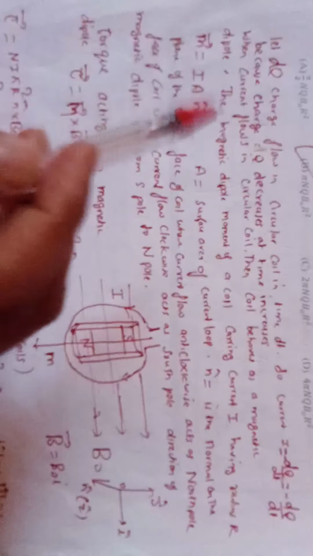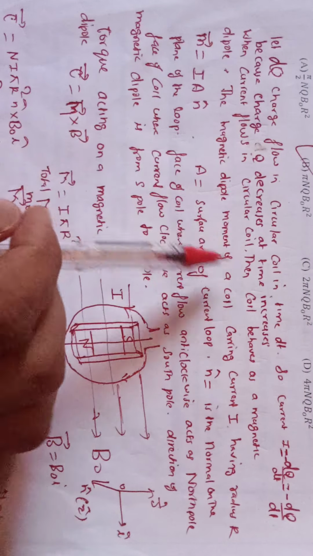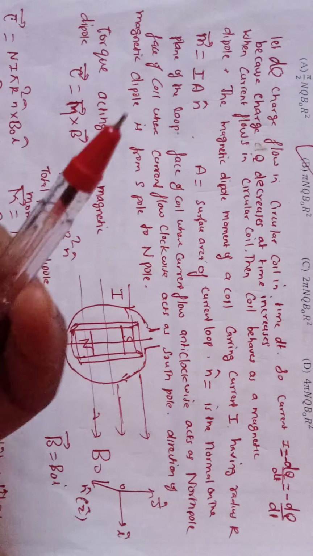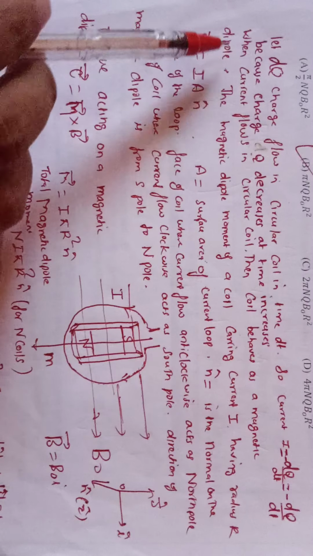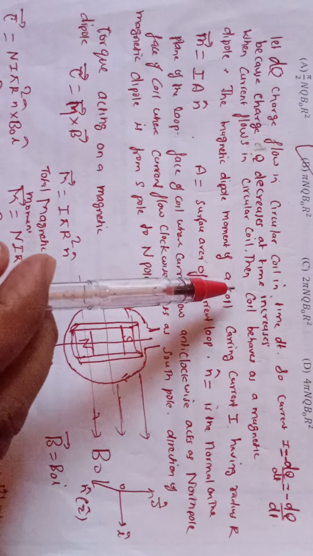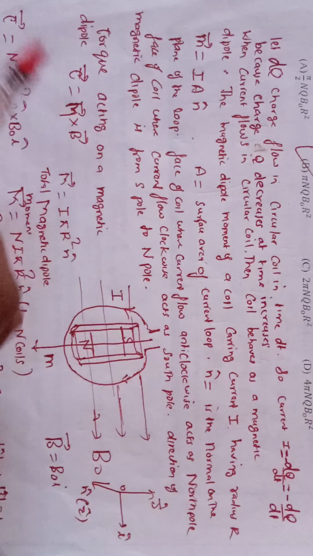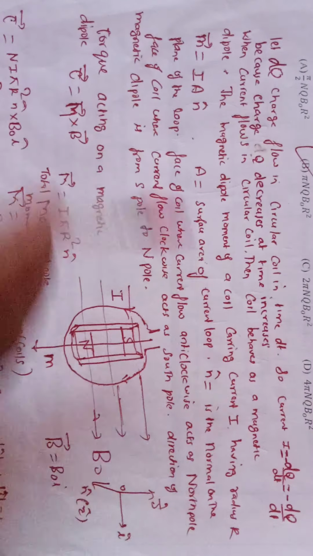Here we take the negative sign because the charge q decreases as time increases, meaning as time passes the charge on the capacitor decreases. When a current flows in the circular coil, the coil behaves as a magnetic dipole.